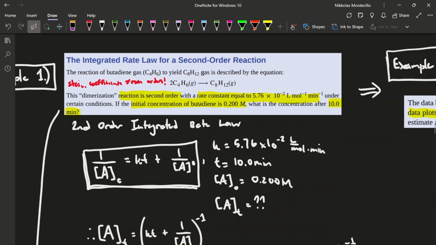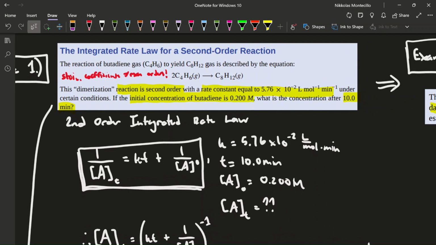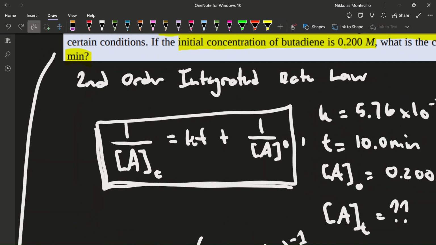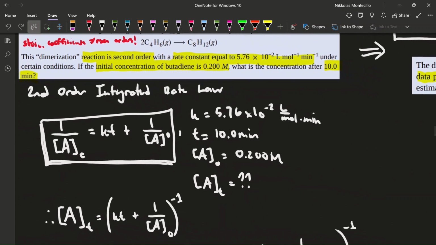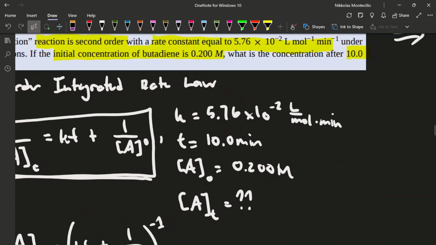So here, from the information that we've been given, we want to apply the second order integrated rate law, because we know that this reaction is second order. So 1 over the concentration of A at time t equals kT plus 1 over the initial concentration. K is equal to 5.76 times 10 to the negative 2 liters per mole per minute.